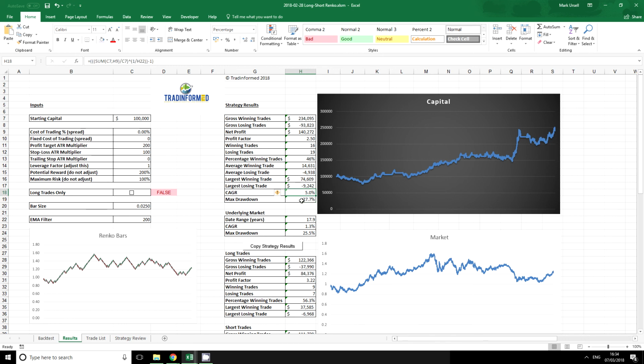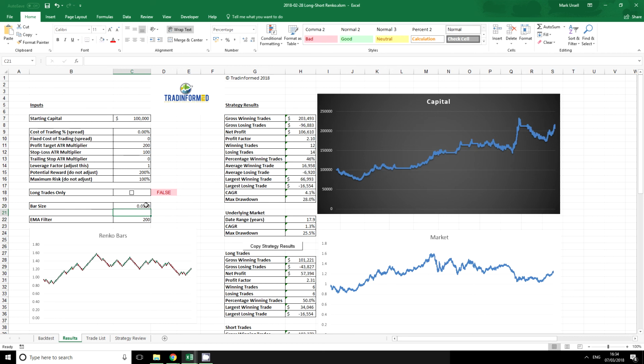We've got a compound annual growth rate of 5% and a maximum annual drawdown of 27. And what we're looking for, as I've said before, is not to over-optimize or curve fit, but to have something that is appropriate for the market that we're trading. And the only way we can do that is by testing what has happened in the past.